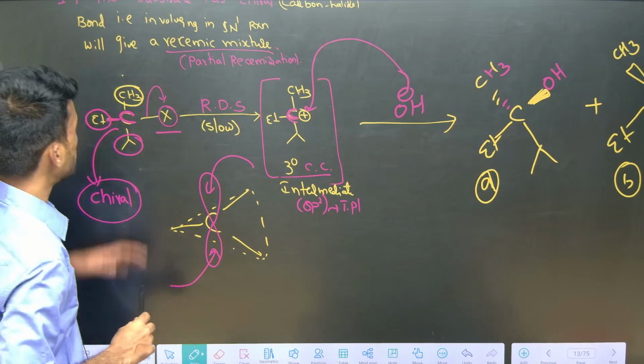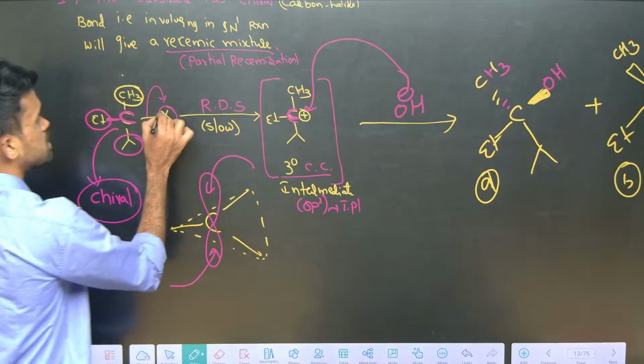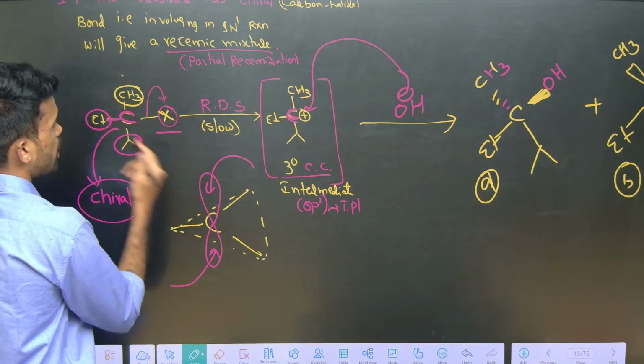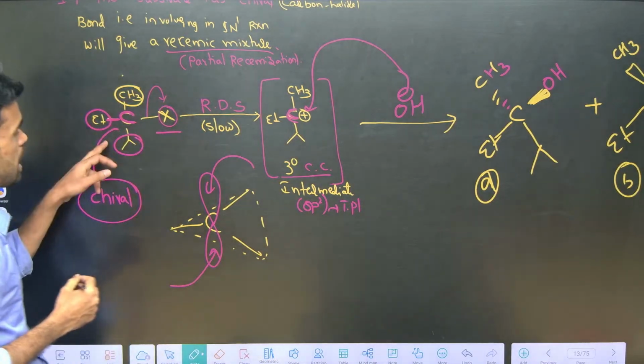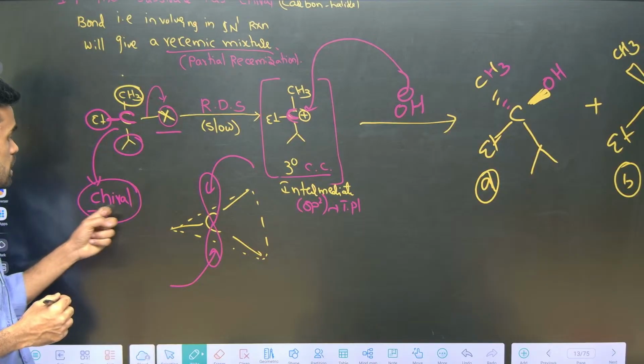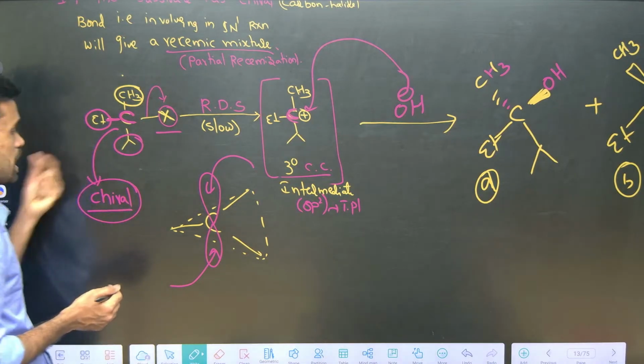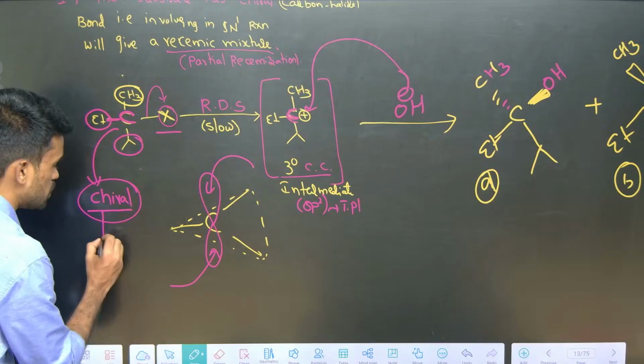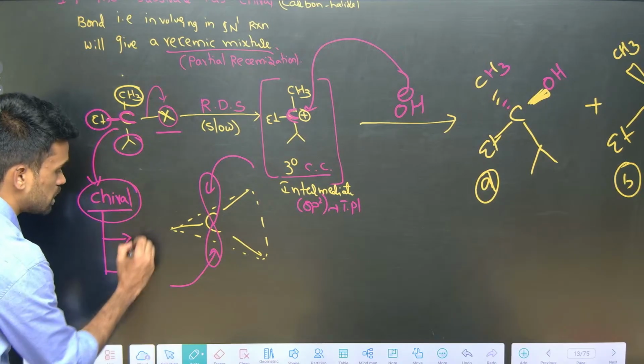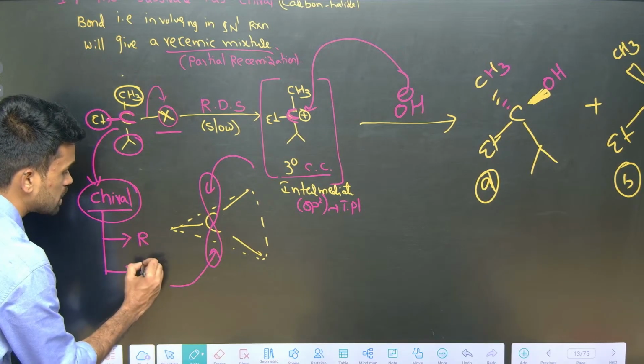It's a chiral carbon. So on every chiral carbon there is something called configuration. That configuration can be R or it can be S.